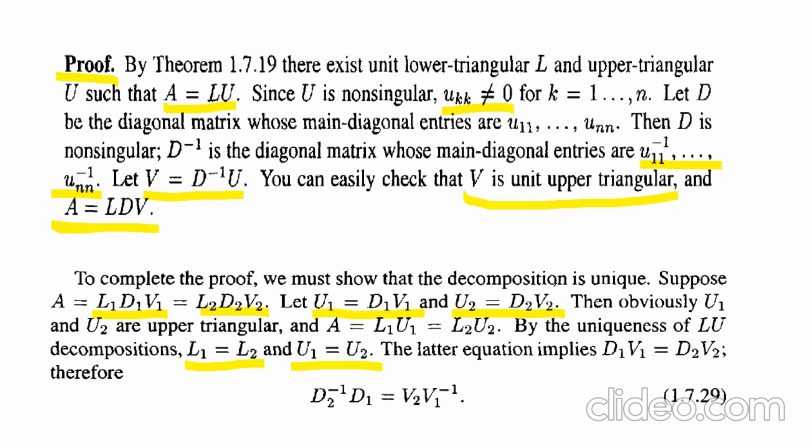The latter equation implies that D1 V1 is then equal to D2 V2. Since D1 V1 and D2 V2 are the same, we can write it in this form. We combine the diagonal matrices and the V matrices.